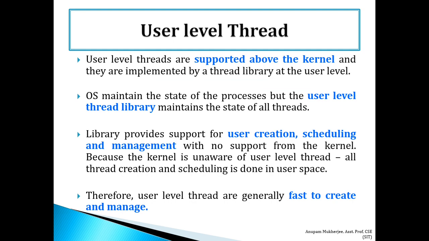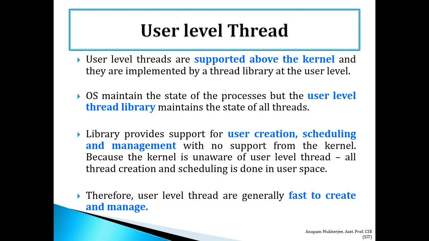User level threads are supported above the kernel and they are implemented by a thread library at user level. It is present in the layer above the kernel, and the entire user level threads are managed and handled by using a thread library.